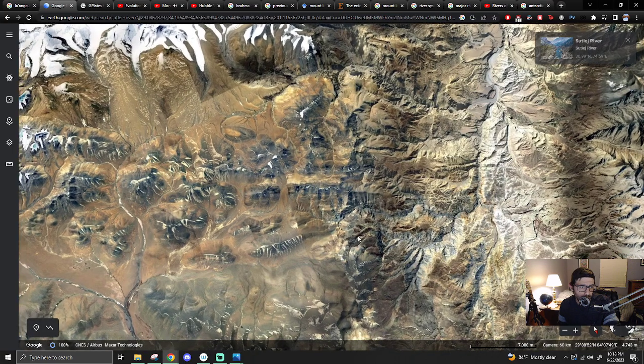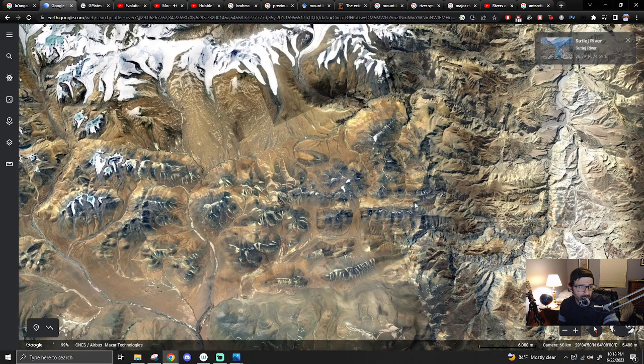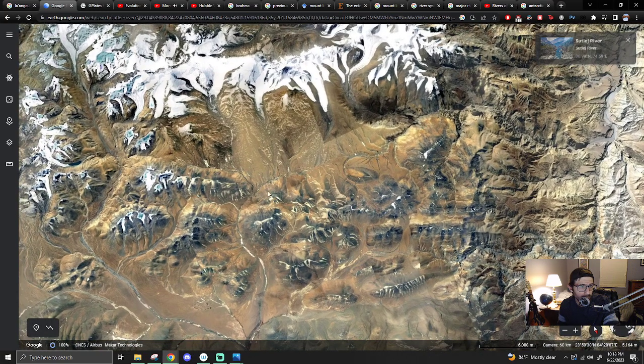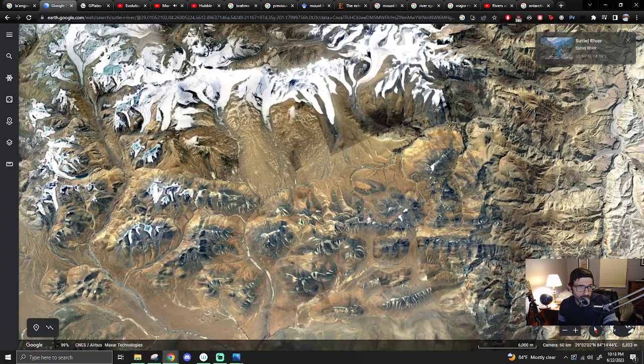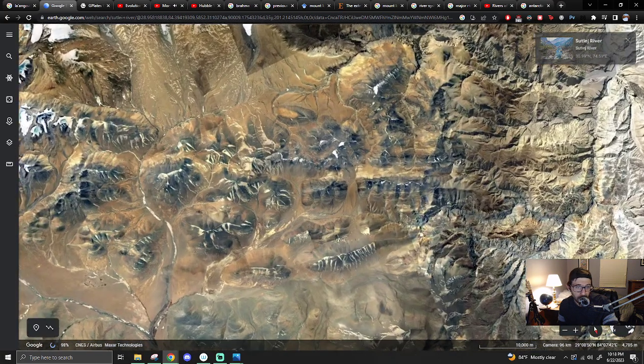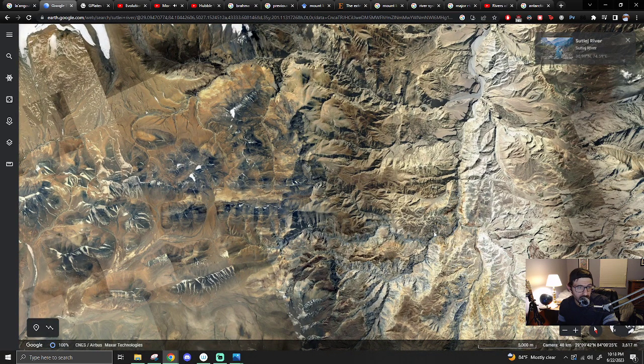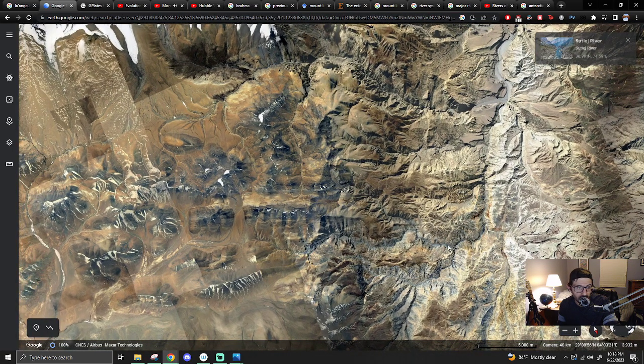etc. But it looks like maybe there's a ring right there. It doesn't even reach to that, and then another one. Or maybe that one actually is more tied to right there, I guess.